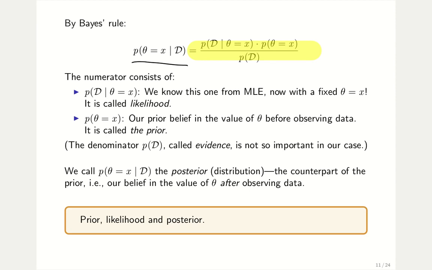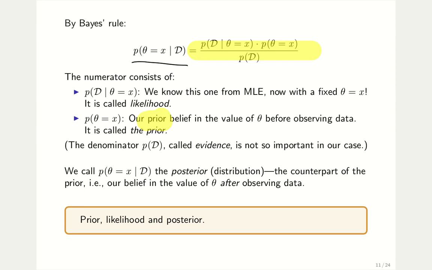And what are the other terms? The other term is the so-called prior. The prior is what captures our prior beliefs that we were talking about. So in a lot of cases, we have reason to believe that some values for theta are more likely than others.